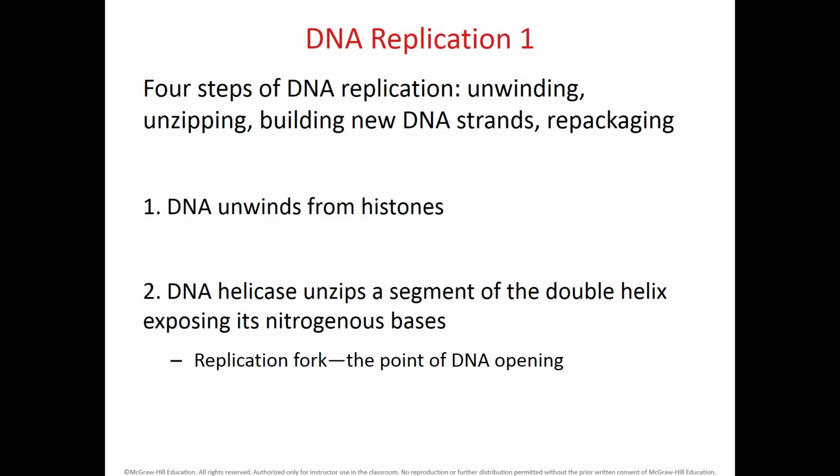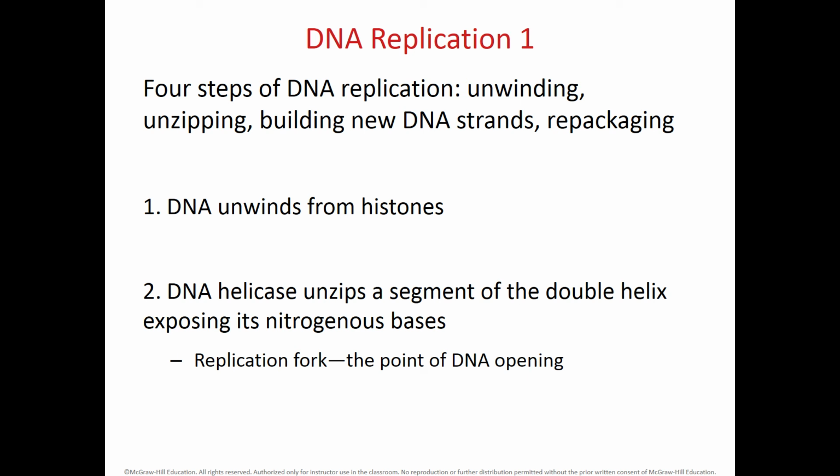And then we have these 4 steps for DNA replication. In an already condensed chromosome, you have to unwind the chromosome from the histones, so you can access the nucleotides and start copying them.